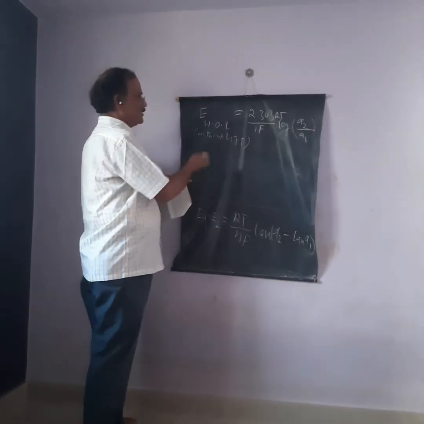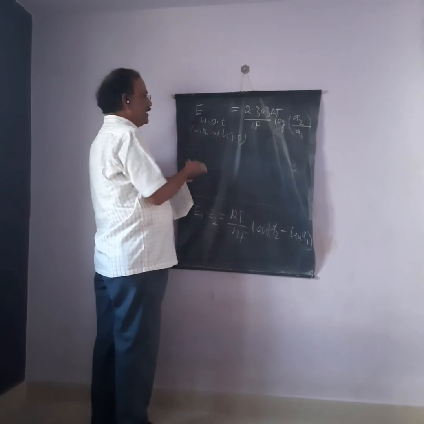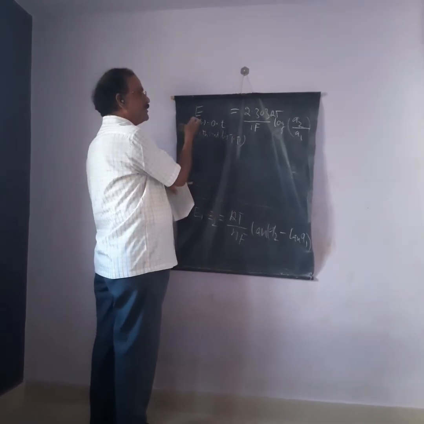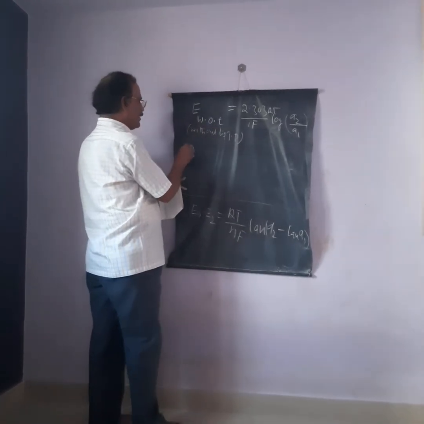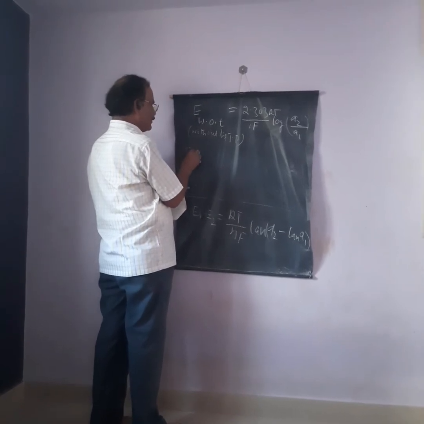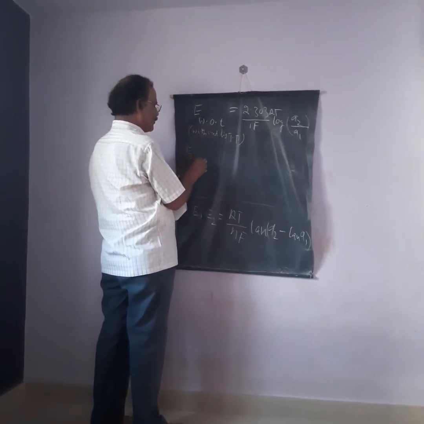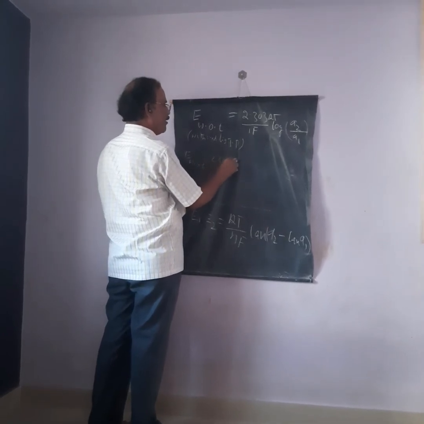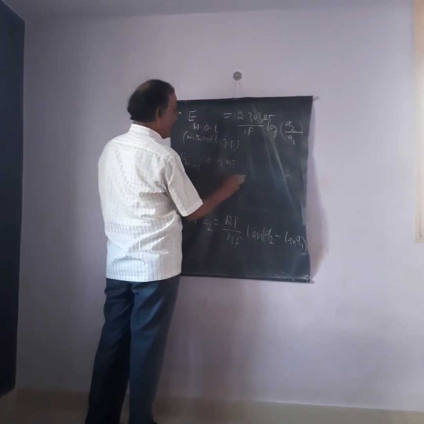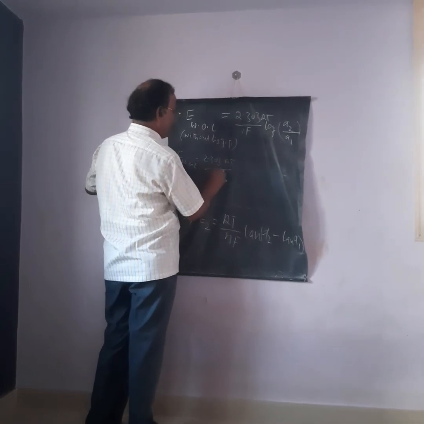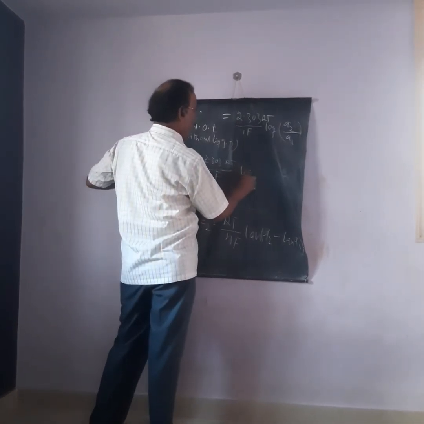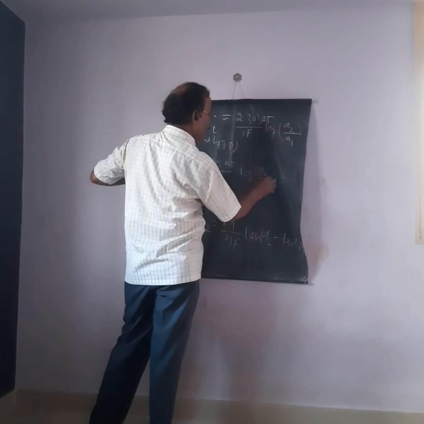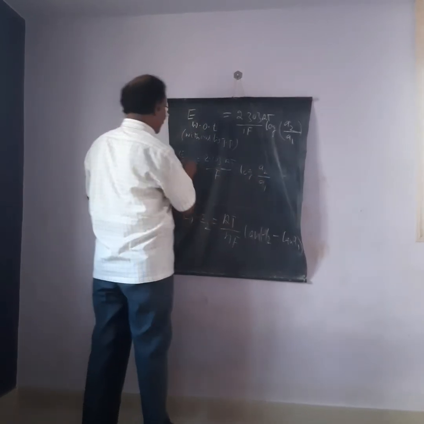So the EMF of the concentration cell without transport is given by E without transport equal to 2.303 RT divided by F into logarithm of A2 divided by A1.